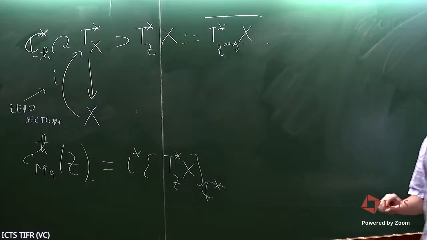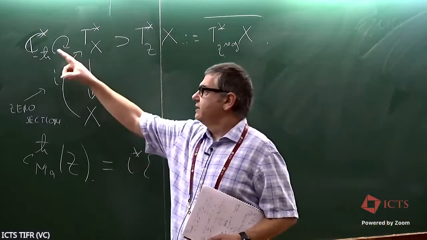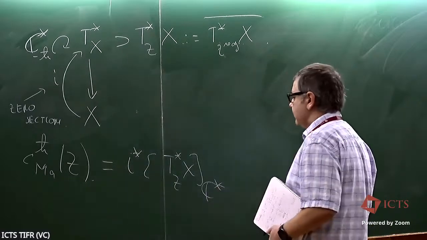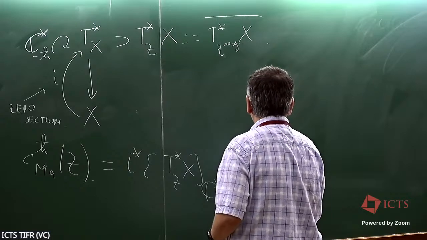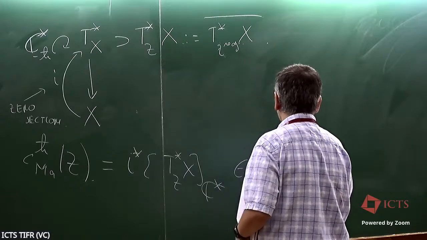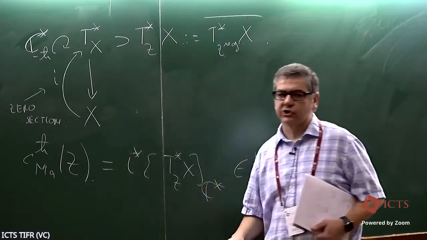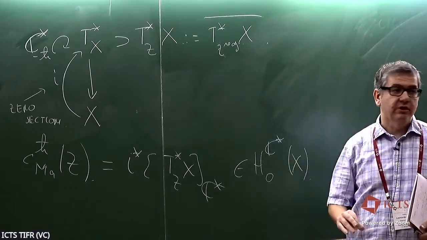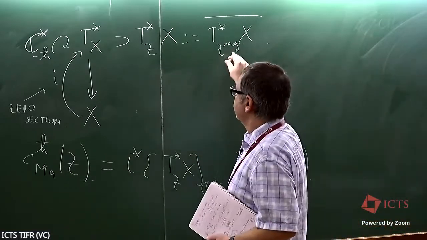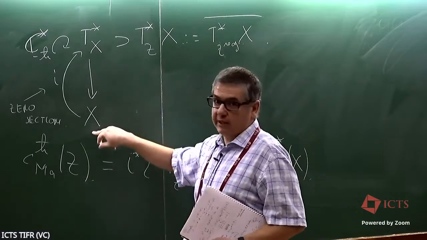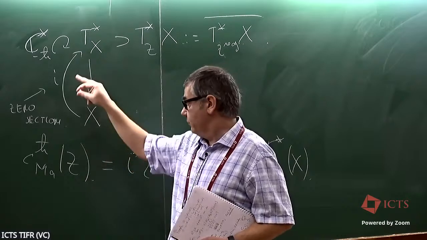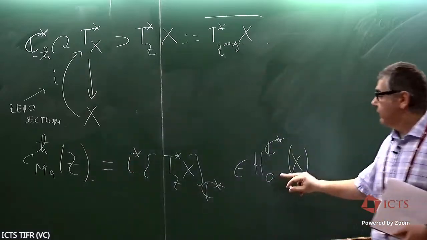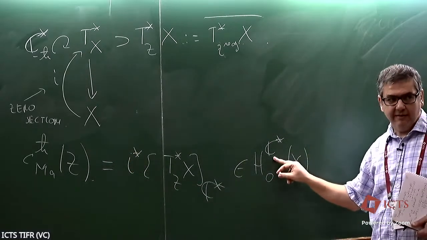Okay, so everything is now with respect to this C star action, and this is gonna be a class in H^0_{C*}(X). Just because this is gonna be a Lagrangian class, so the codimension of this class inside the cotangent bundle is equal to the dimension of X itself. You're pulling back via the zero section, so you get something in degree 0, but you get something in degree 0 which is C star equivariant.